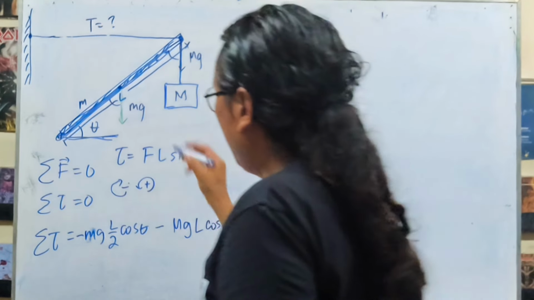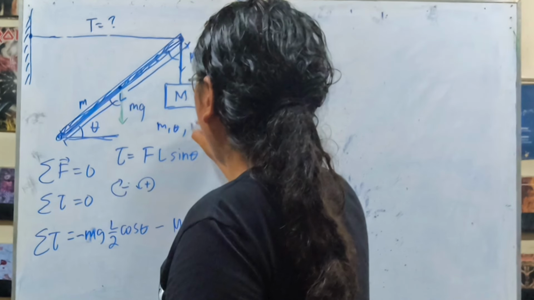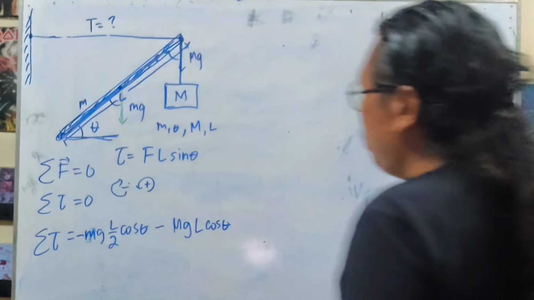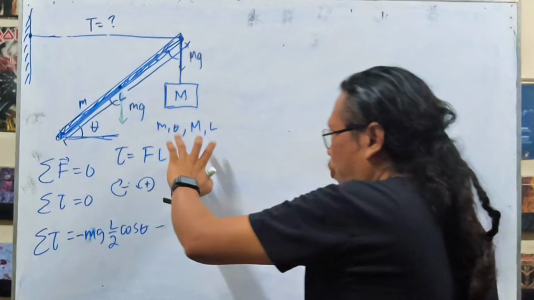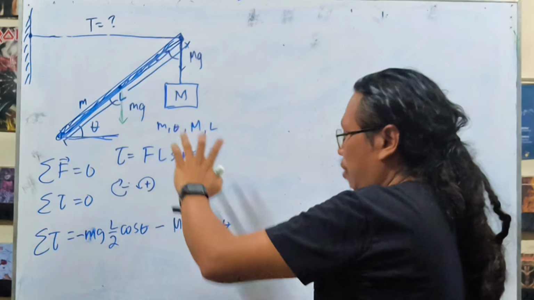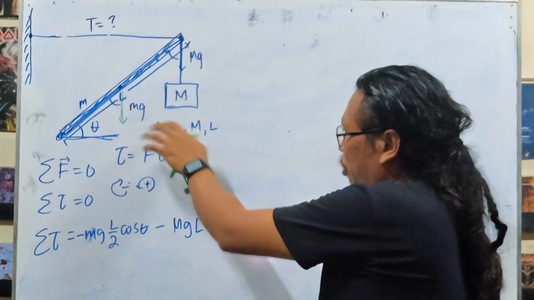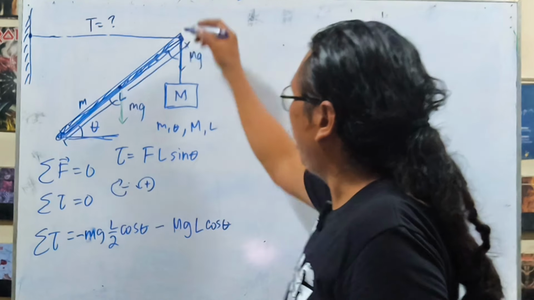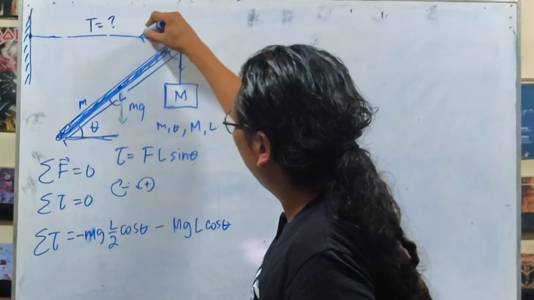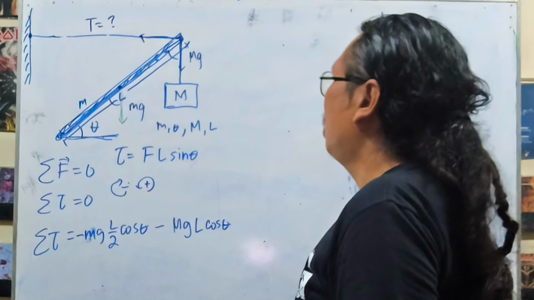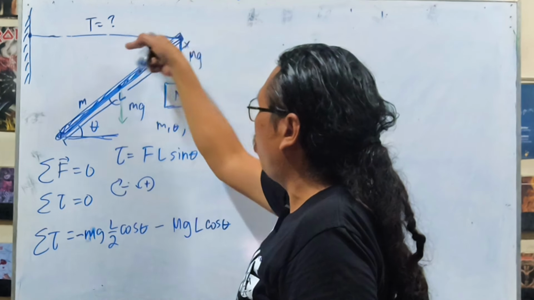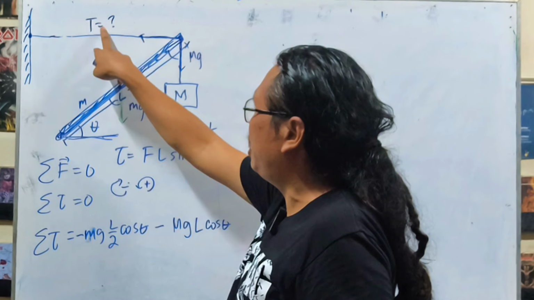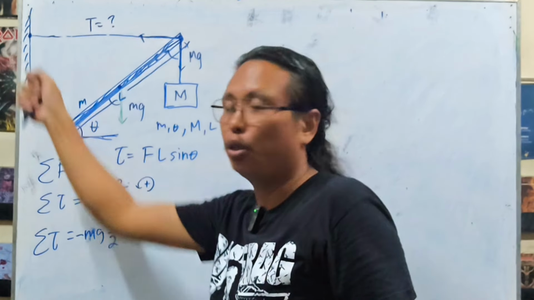By the way, the givens here are m, theta, capital M and L, which means the formula must be given in terms of these givens. Now the last one is the torque generated by this tension, by that force.